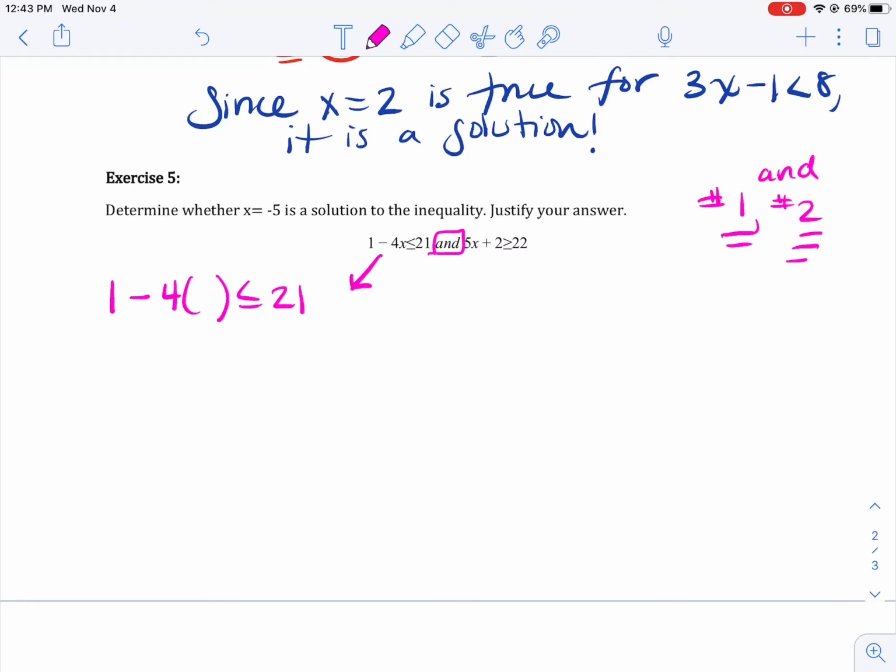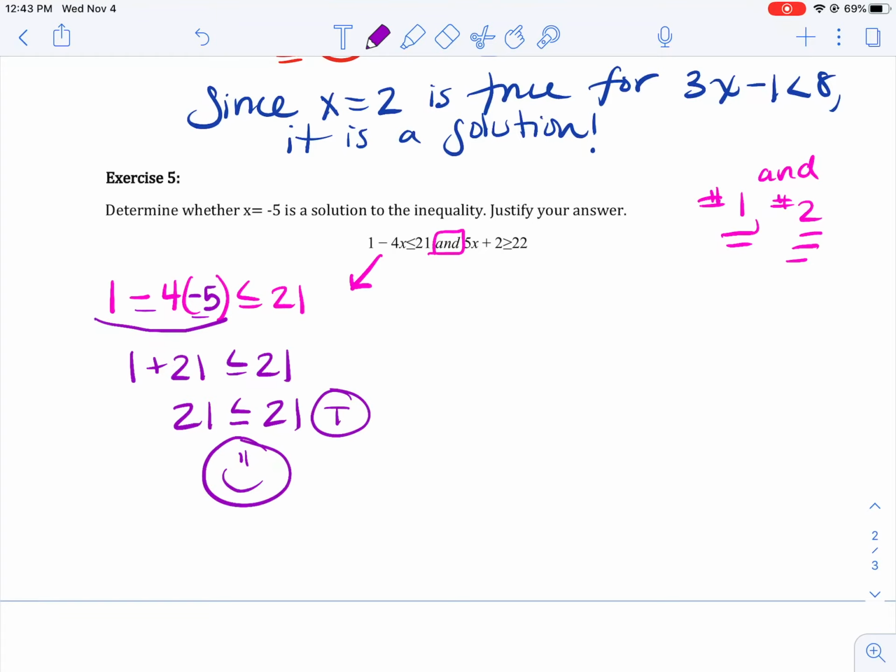That's our first inequality. And instead of putting in x, we're going to put in negative 5. So I'm going to go ahead and evaluate this. A negative times a negative is a positive. So be careful. 21 is less than or equal to 21, that is true. Okay, so far one of them is true.